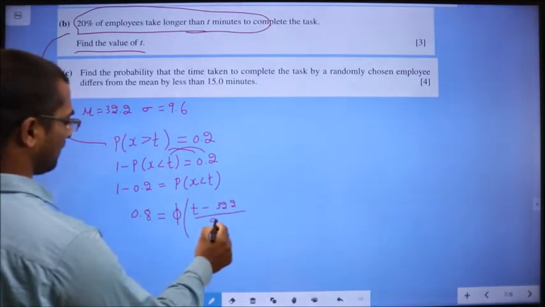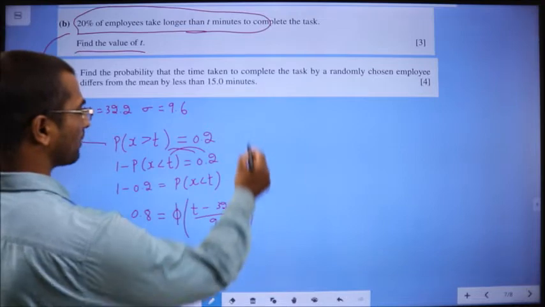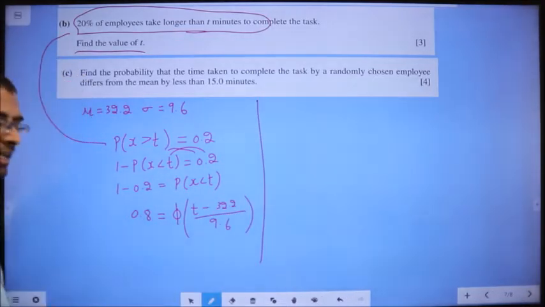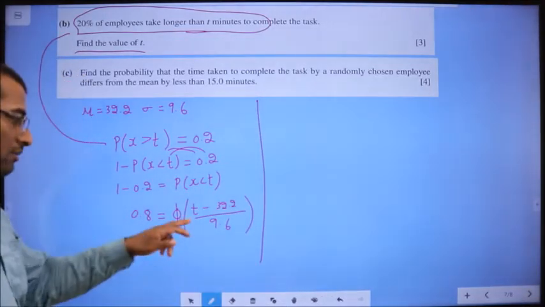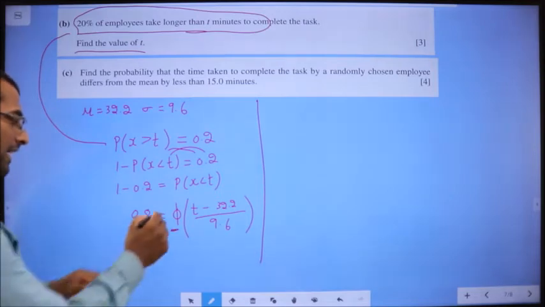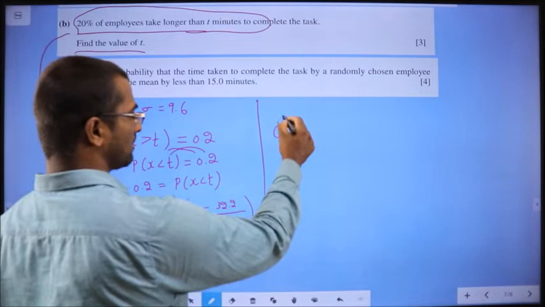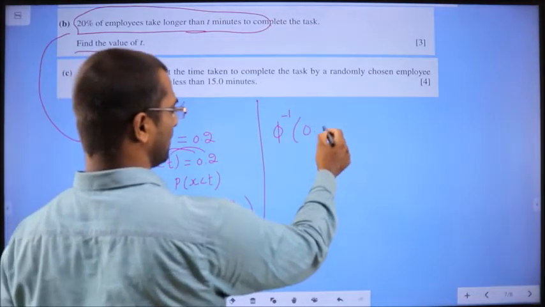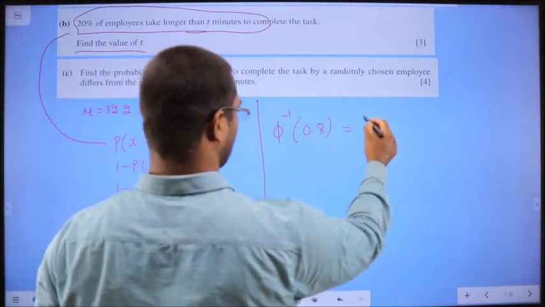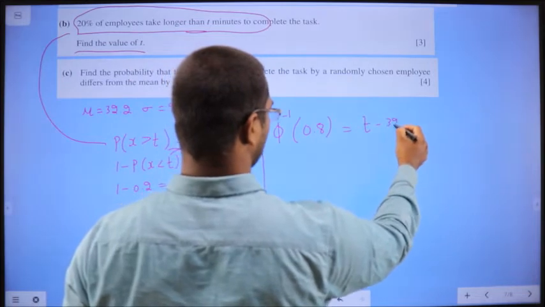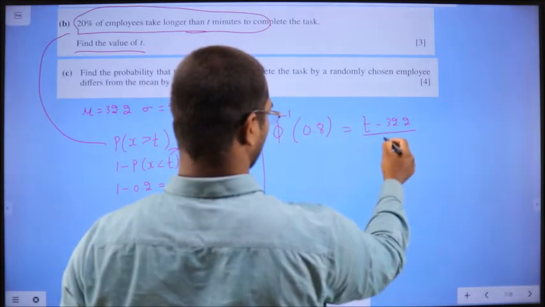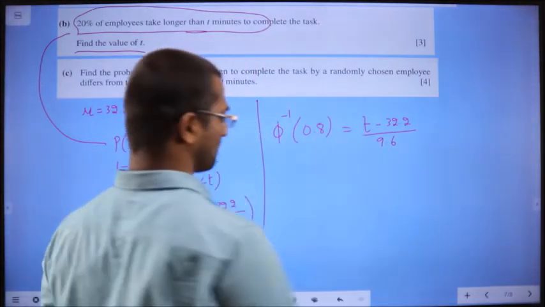32.2 by 9.6. To get the value of T, I need to make T the subject. To make T the subject, I am shifting phi to the other side. So it will become phi inverse of 0.8 is equal to T minus 32.2 by 9.6.